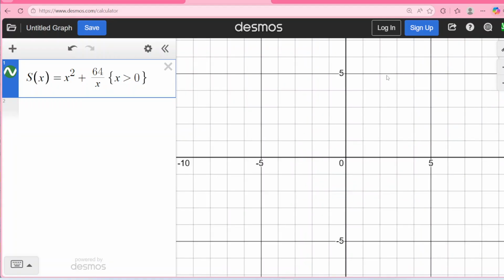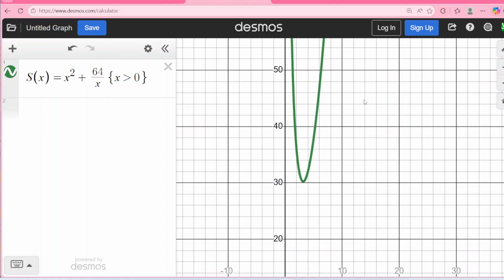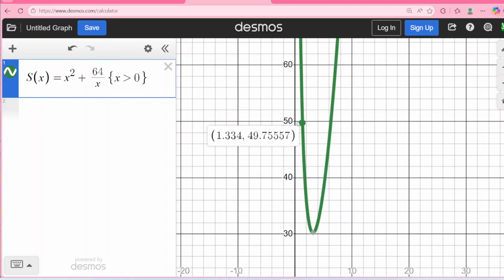Right, so if you look at this, you see how as you approach 0 from the right, it goes up forever, and then as you go to the right forever, approaching infinity, it also gets larger and larger surface areas. So you see the minimum down there? That happens when x is 3.1748.